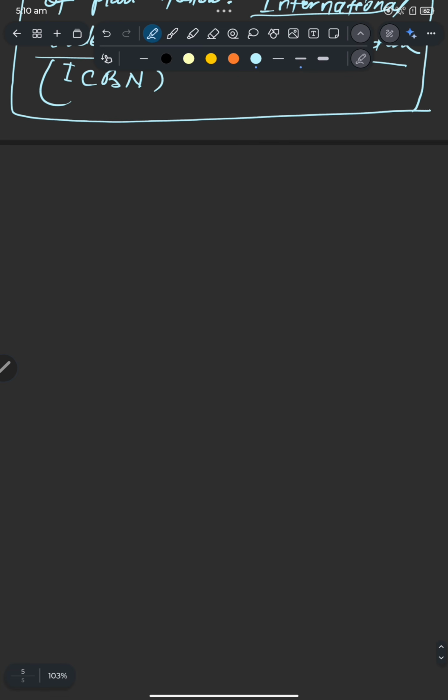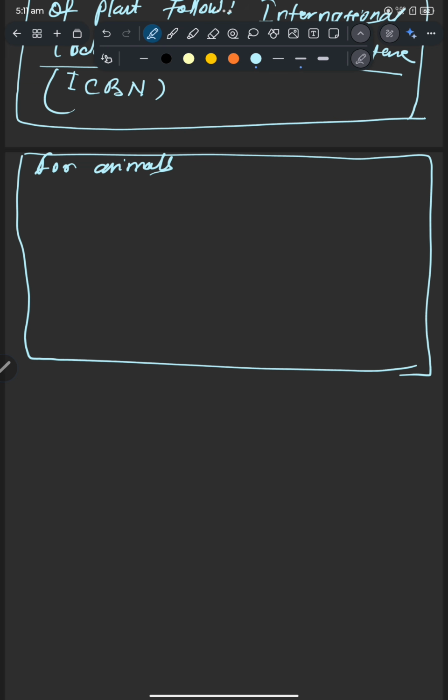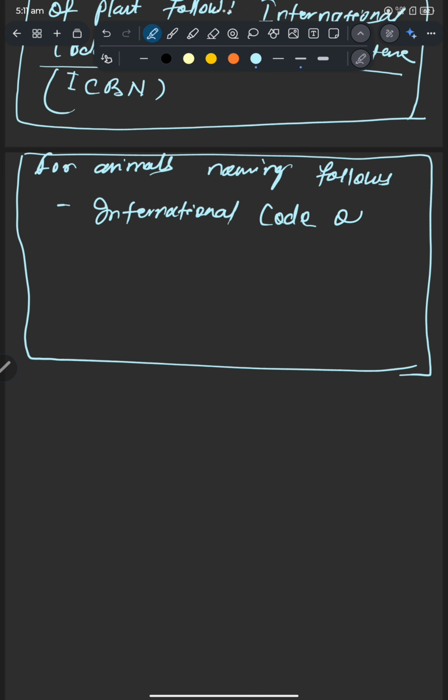Now, next, come to animals. For animals, the naming follows the International Code of Zoological Nomenclature.